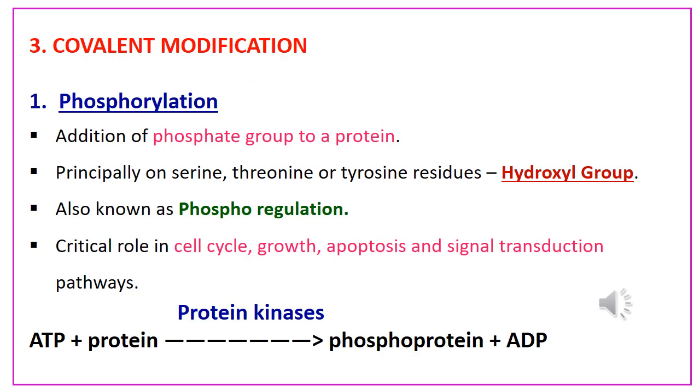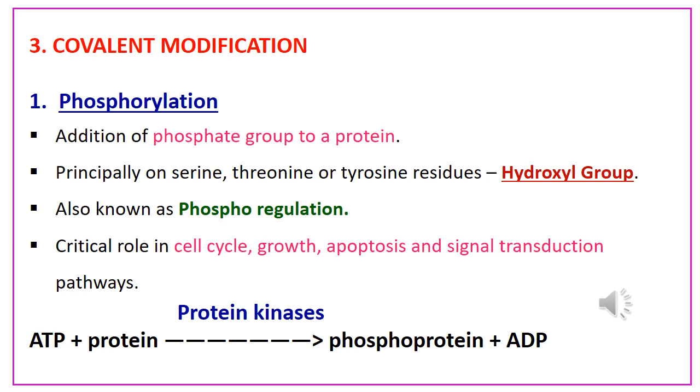Next, the covalent modification. The first one, phosphorylation. Phosphorylation means the addition of a phosphate group to a protein, principally on serine, threonine or tyrosine residues, or the hydroxyl group. It is also known as phosphoregulation.